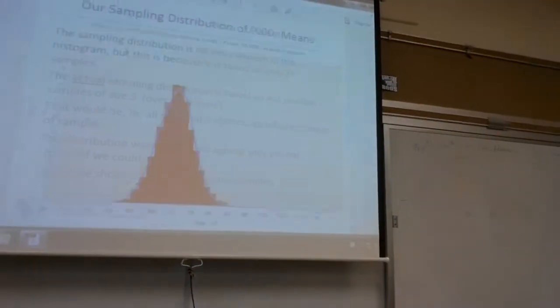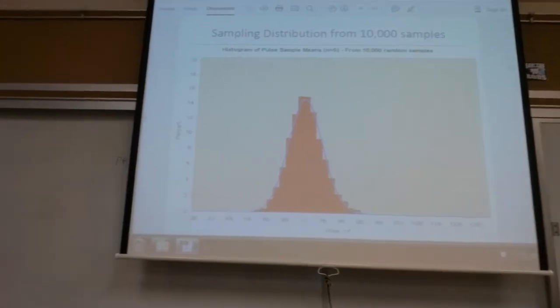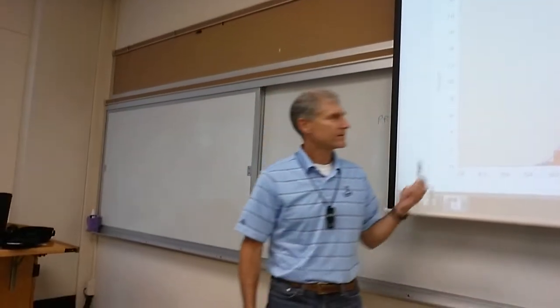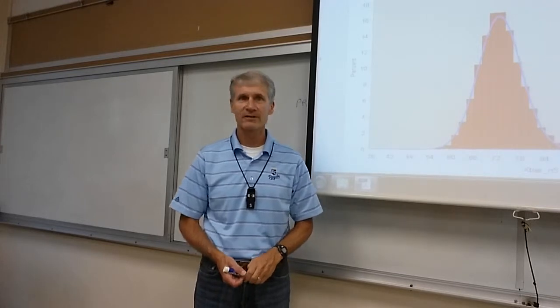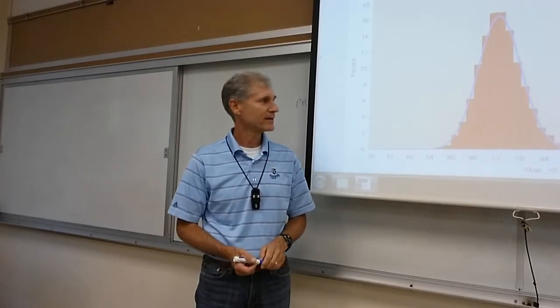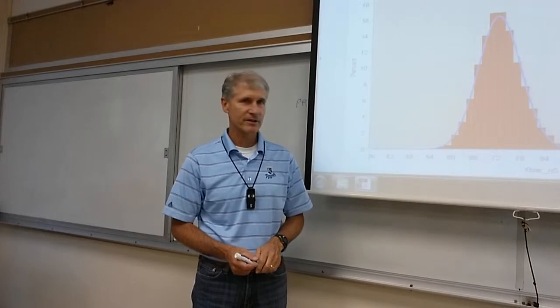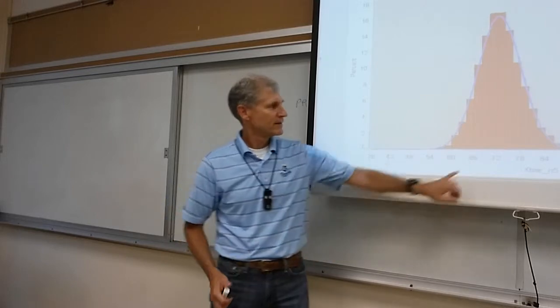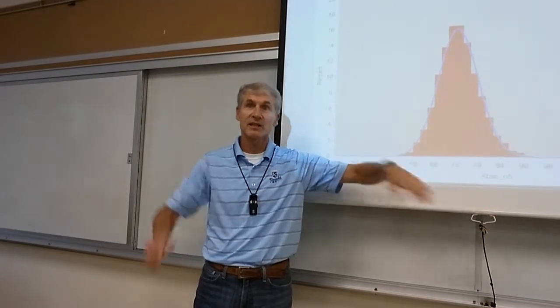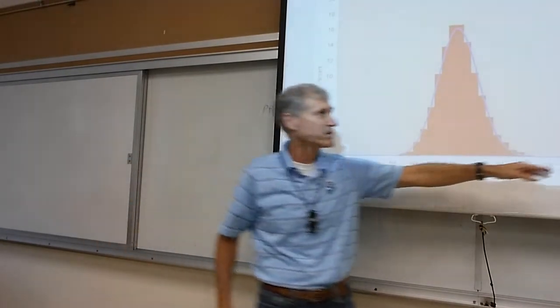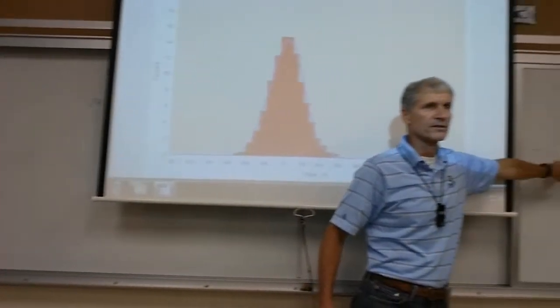So here's that picture. Does it look normal? Looks very bell-shaped and symmetric. Right? And look where it's centered. At about 72. It's centered at the same place that the individuals, the population distribution, was centered.